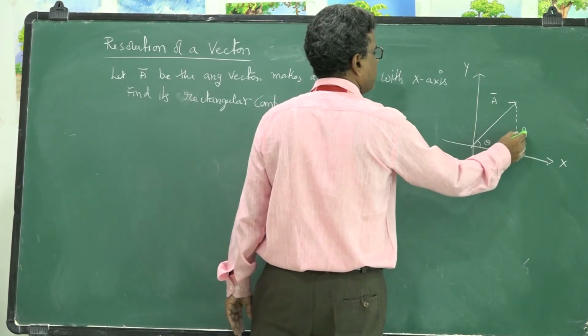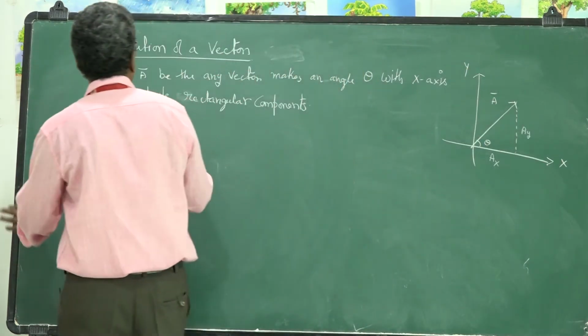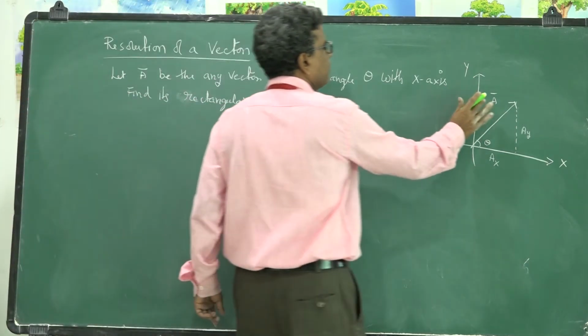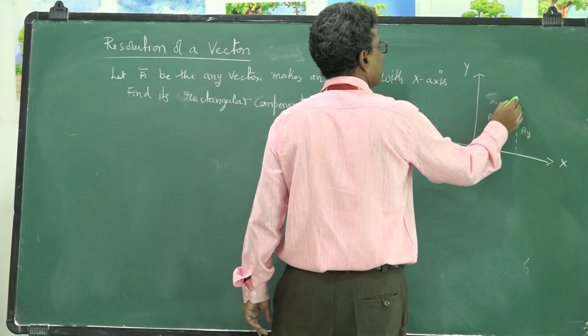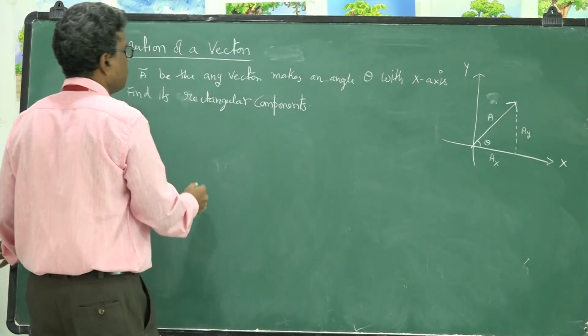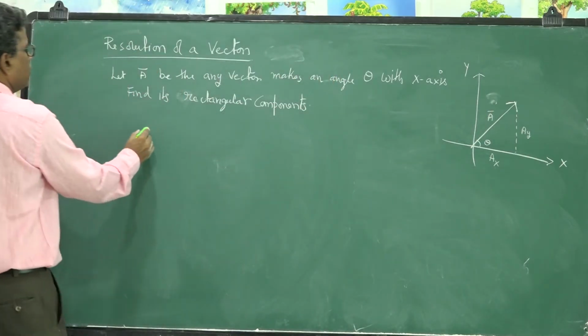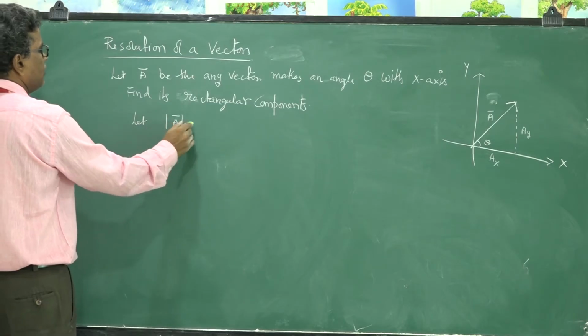This is the y component, let it be ay. Let the magnitude of this vector a bar be a. Its direction will be in this direction.